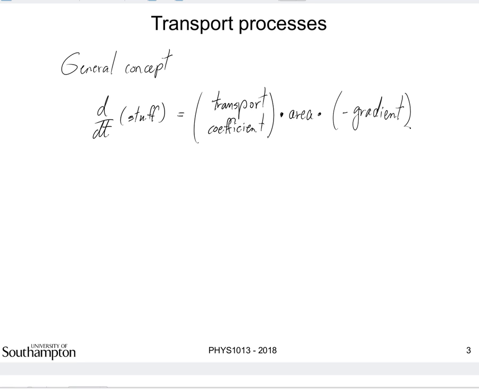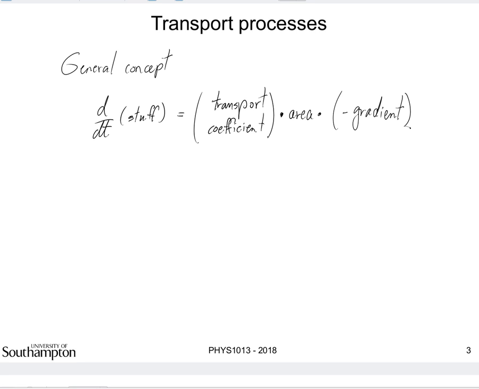So that's why it's proportional to the area. This transport coefficient is just something that tells you how efficiently heat is being transferred. And then the gradient is how strong is this change in temperature. You expect that as you increase the difference in temperature for a given distance, as you increase the gradient, the heat transferred is also going to increase in a linear fashion.